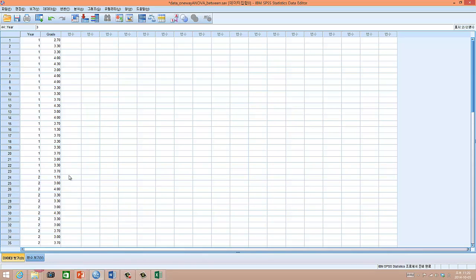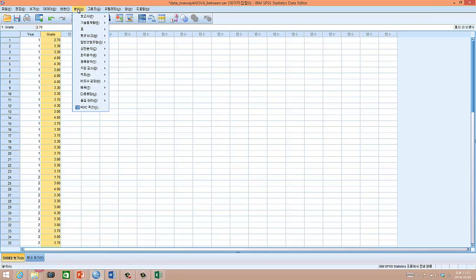So for Excel and SPSS, usually you can simply copy and paste, but like in this example, sometimes you need to work a bit to arrange the data differently. For between group one-way ANOVA, we need two variables: the first variable indicates the group division, and the second variable is the dependent variable.